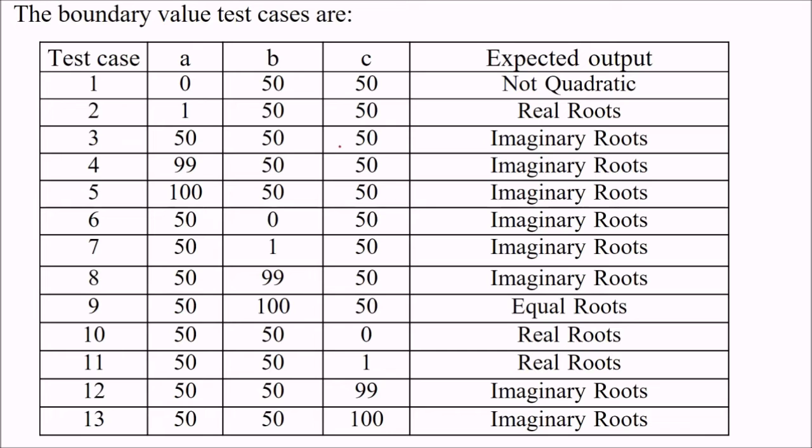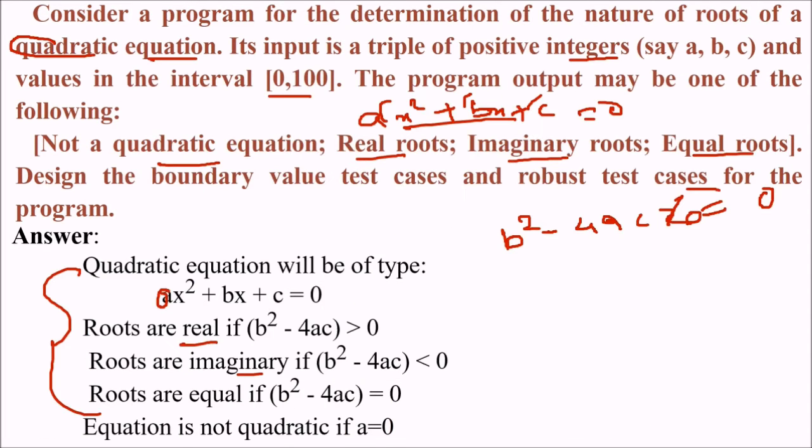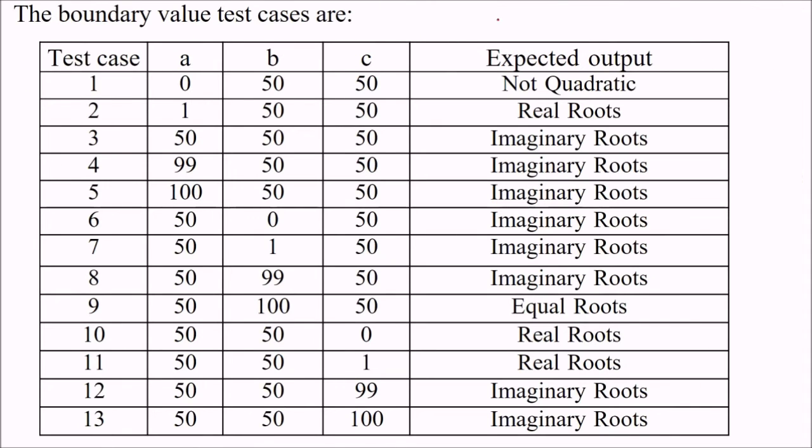Now, the boundary value test cases. Let us see. The interval is from 0 to 100. The first is a we take 0, b we take in between, and c we take in between. Then a we take 1, b, c.